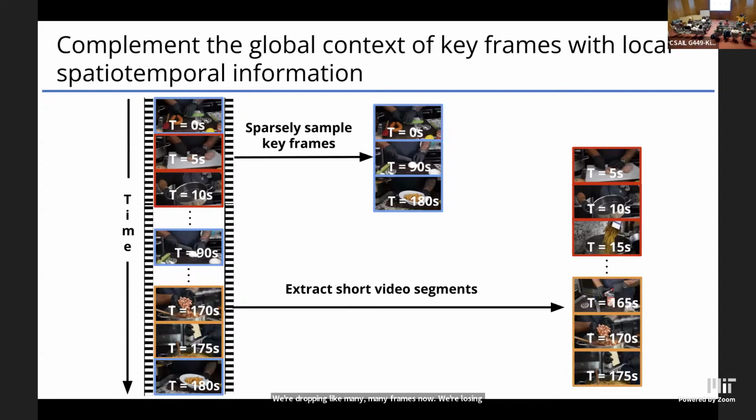Okay, so another thing we could do is we could complement this kind of global context. So we can think of these keyframes that are sampled at some fixed number from the whole video as a global context of the video. We can complement that by extracting shorter video segments, so break up the whole video into short segments and then embed each one.